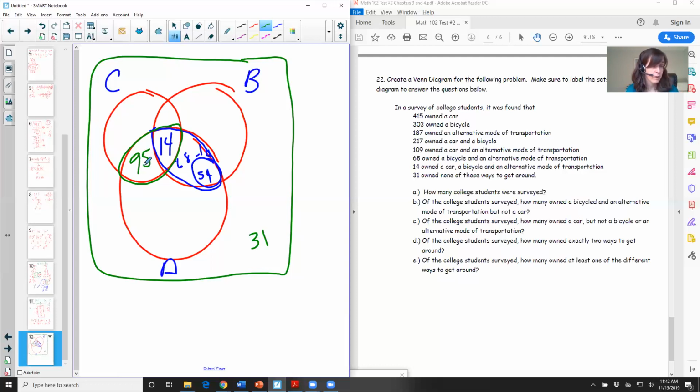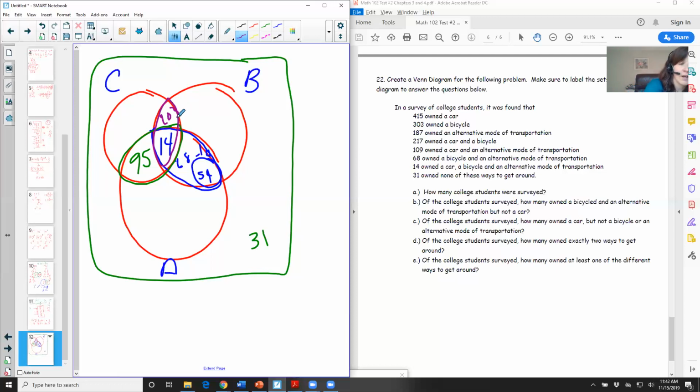Okay. And then to get this other circle, it says 217 owned a car and a bicycle. Out of that 217, I already have 14 included. So this has got to be 203. The same thing happens when I do the next step. So 187 owned an alternate form of transportation. 187.